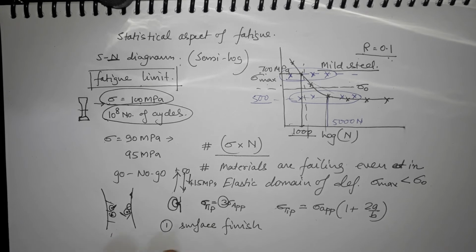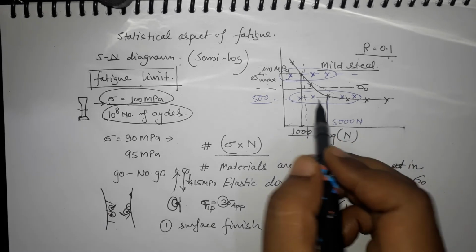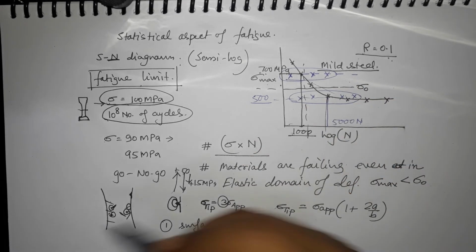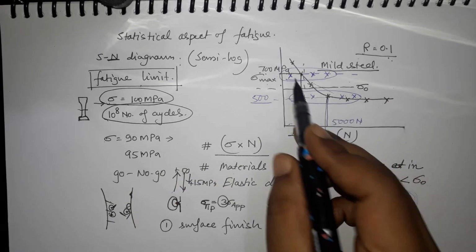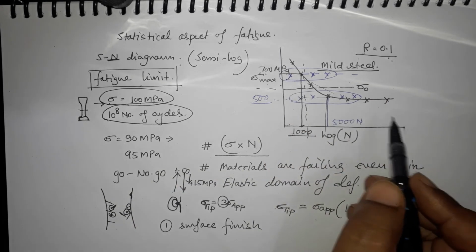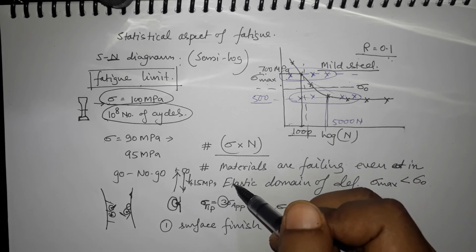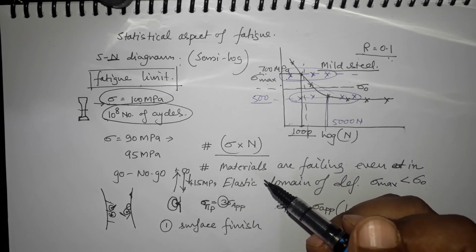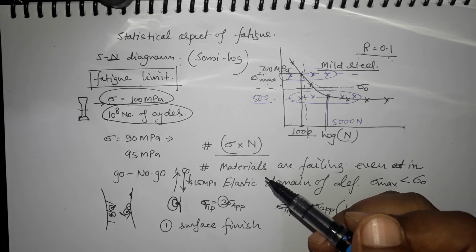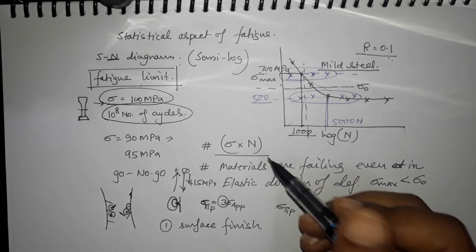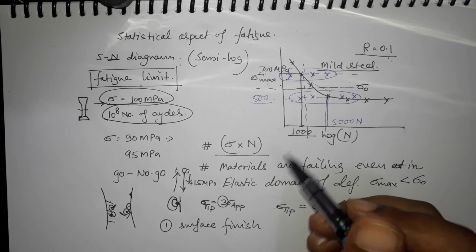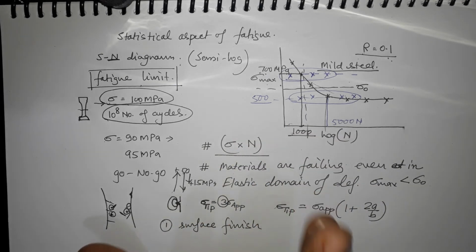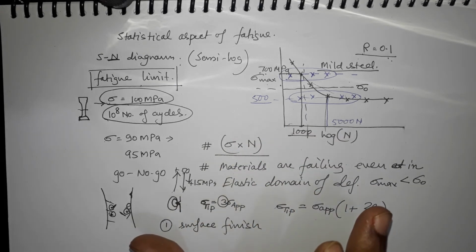So each specimen for fatigue will have a different diagram. Each specimen will have a different SN diagram of its own. Each specimen will have its own fatigue limit. Okay, so this is the problem with fatigue, because there is a huge scatter involved in this.